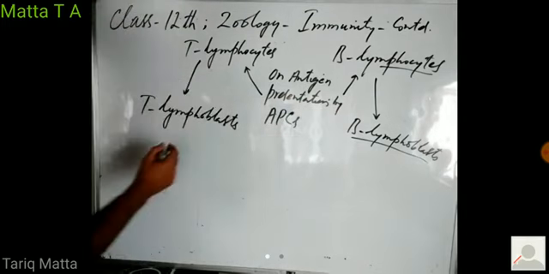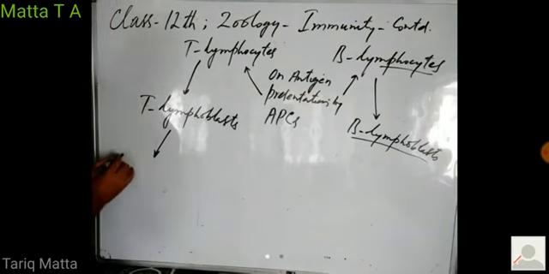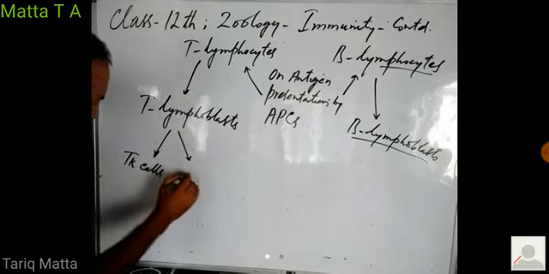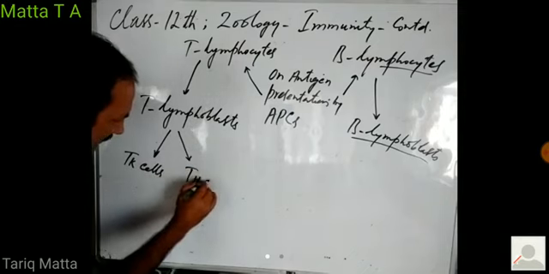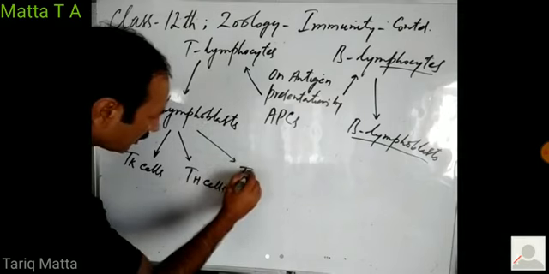and B lymphoblasts. Then T lymphoblasts give rise to three types of cells: killer T cells, helper T cells, and regulatory T cells.